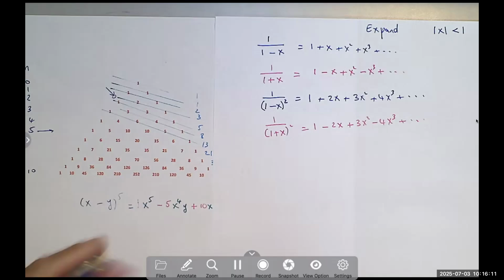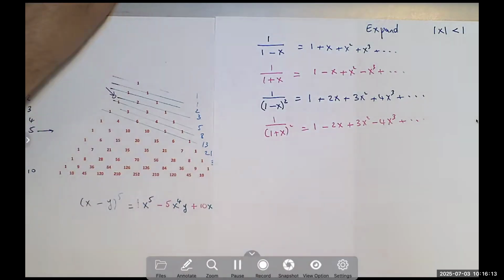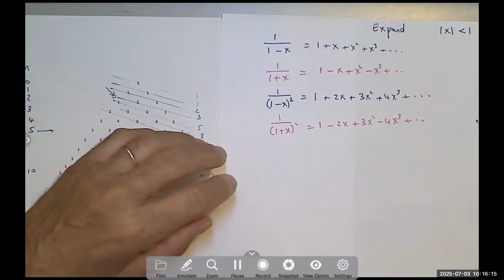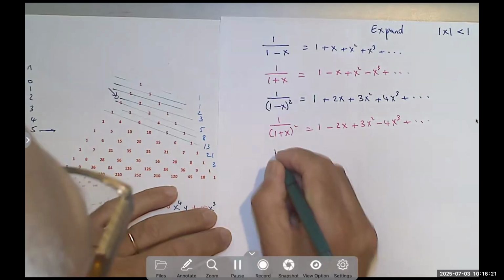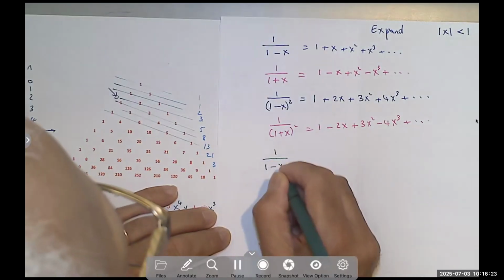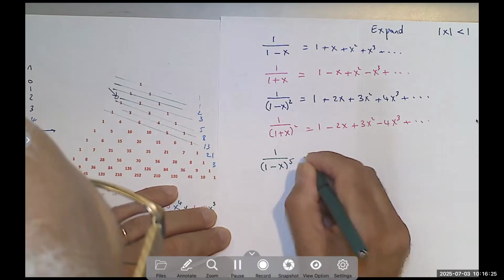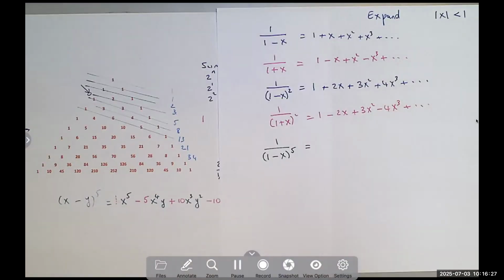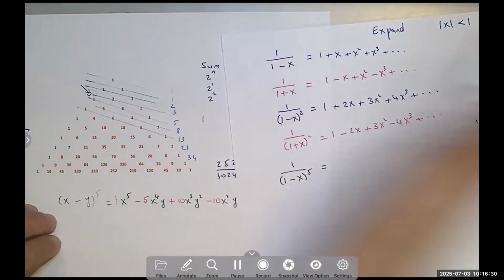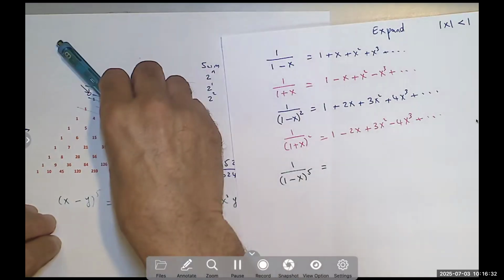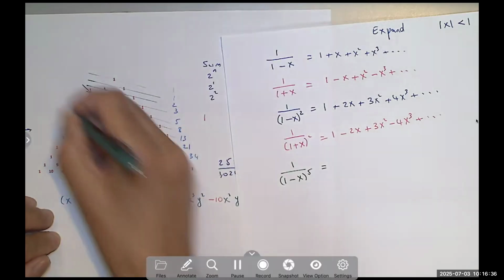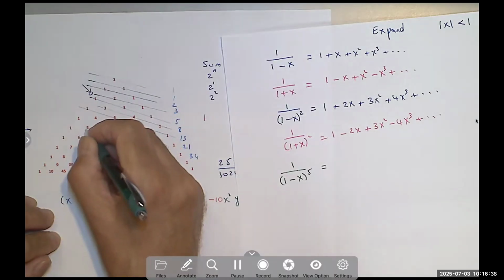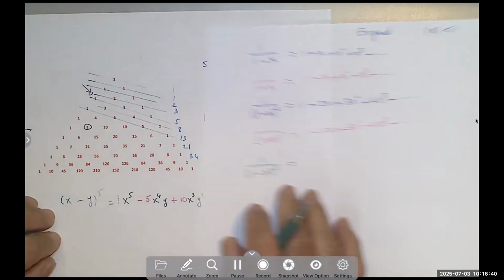Nice? Okay, so one for you to try. What is 1 over 1 minus x to the fifth power? Where do I go? If this is x squared, x cubed, x to the fourth, x to the fifth, again I go to the diagonal that has a 5 after the first one.